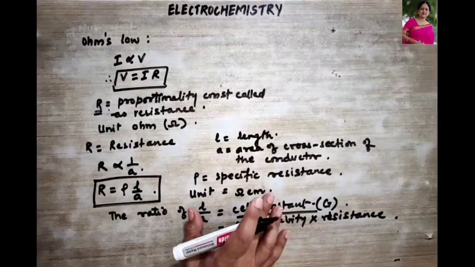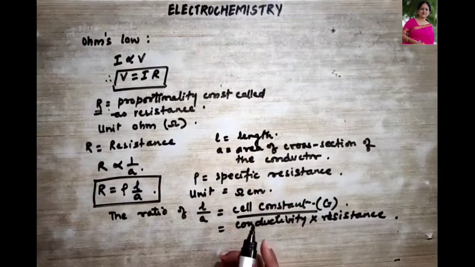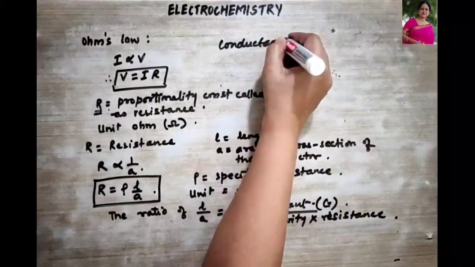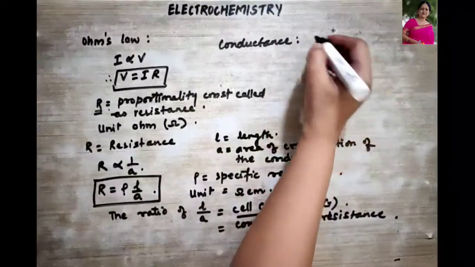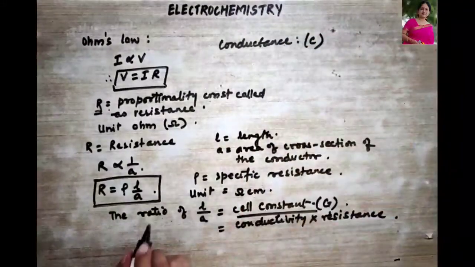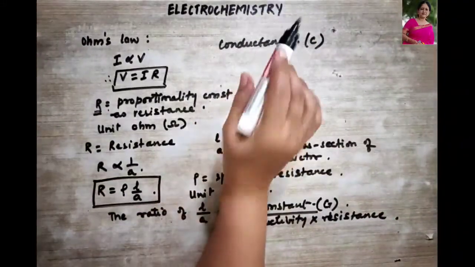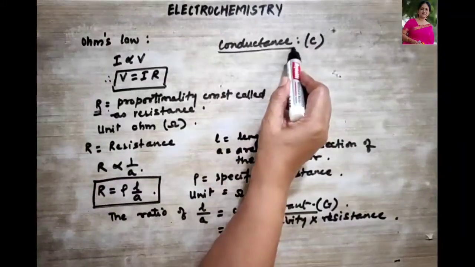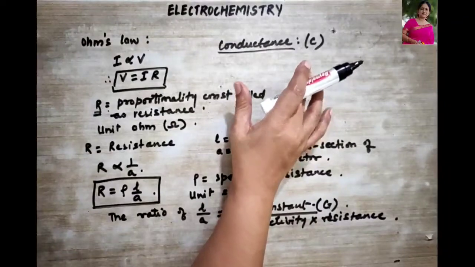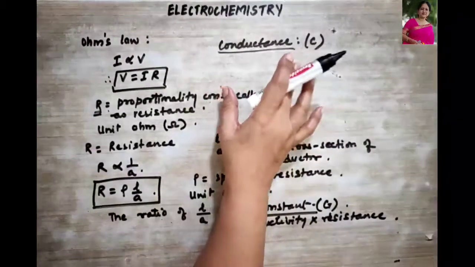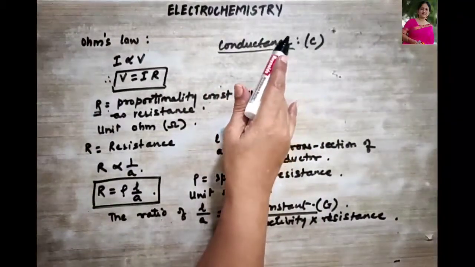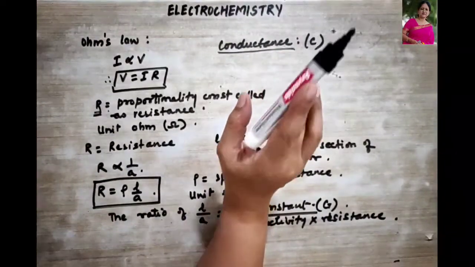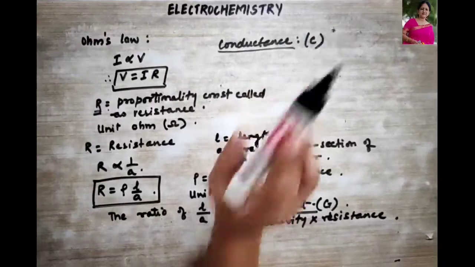So now let us understand what we mean by conductance. It is expressed with the alphabet C. The ease with which the current flows through a conductor is called the conductance, and it is always reciprocal to resistance.